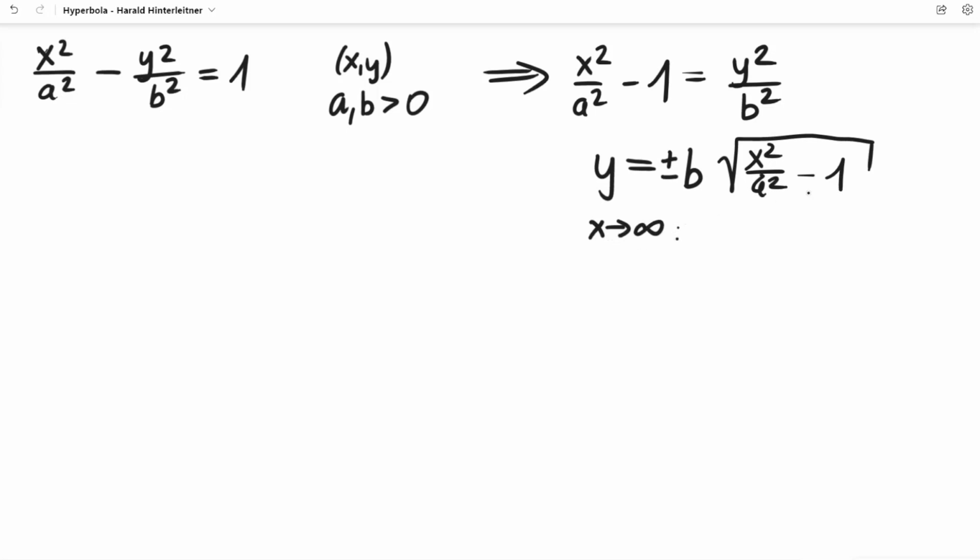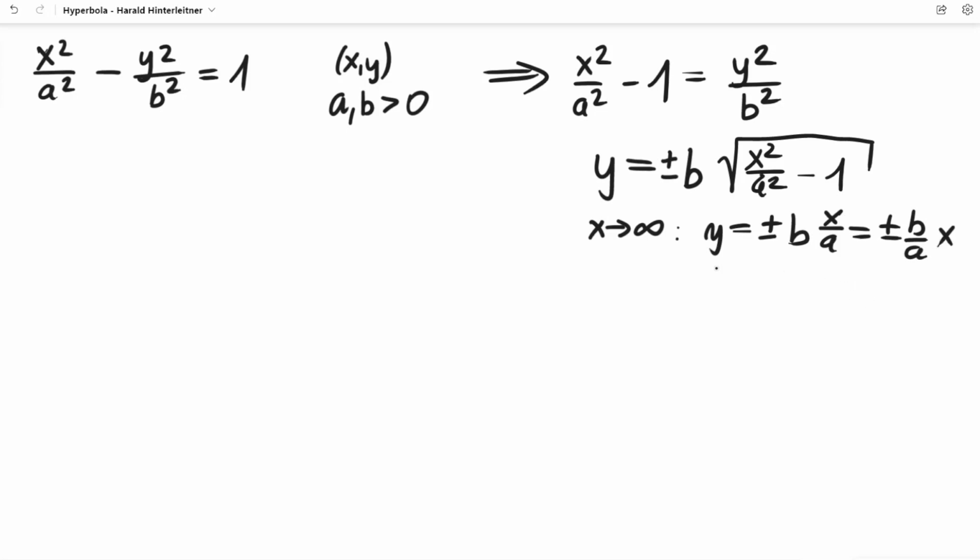In this case, the minus 1 here does not play a role. So neglect the minus 1 and compute the root of the remaining variables. So we get y is equal plus or minus b. The square root of x squared is just x, and the square root of a squared is just a. So you can rewrite this as plus minus b over a times x.